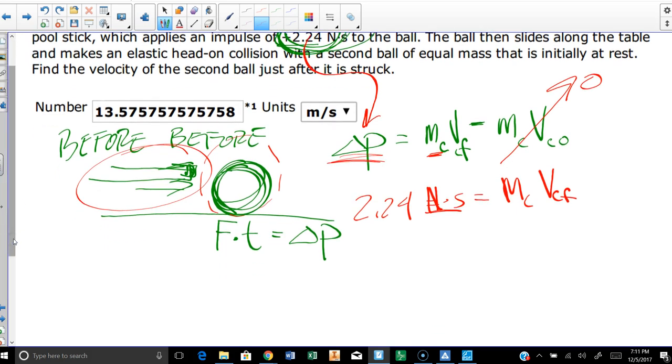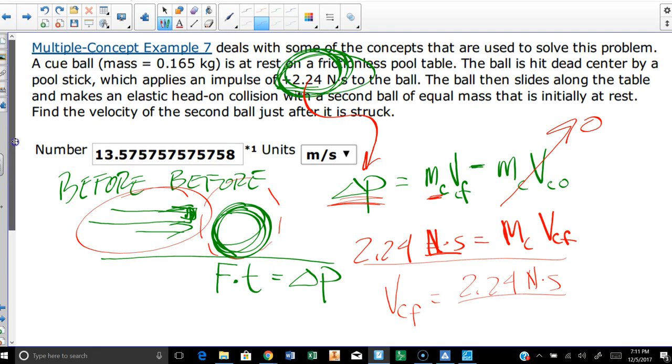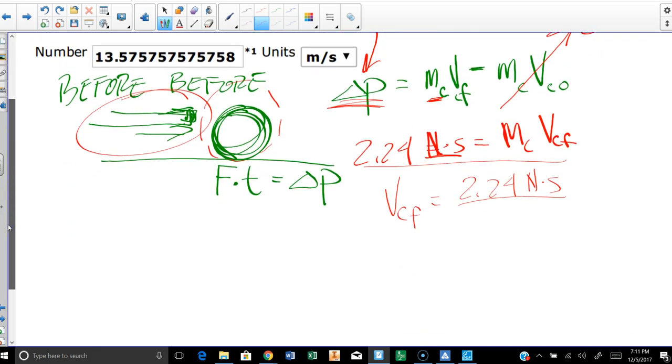So solving this for the velocity, that cue ball's velocity after the cue stick interacts with it, is going to be 2.24 Newton seconds divided by the mass of the cue ball, which was 0.165 kilograms.